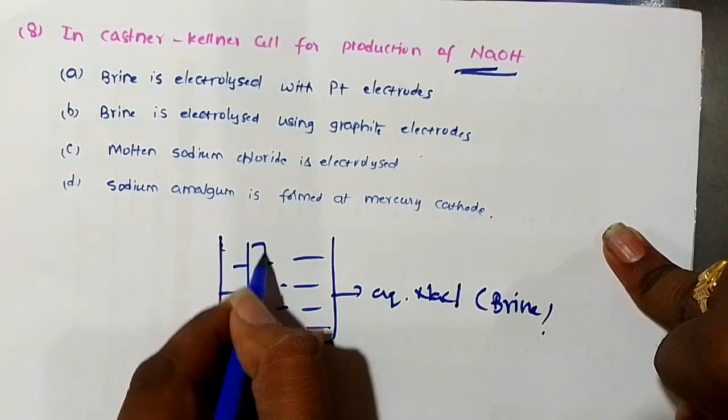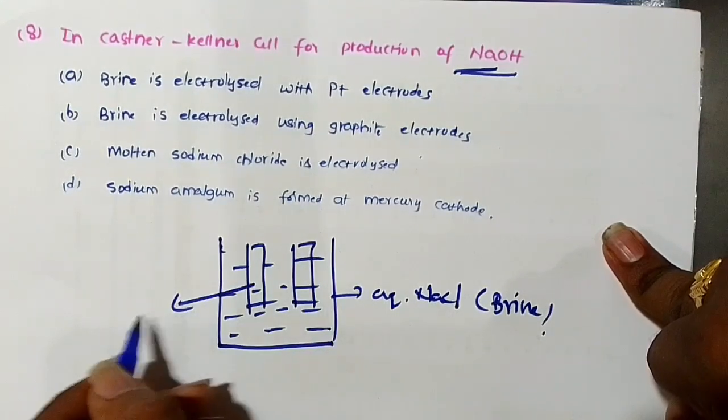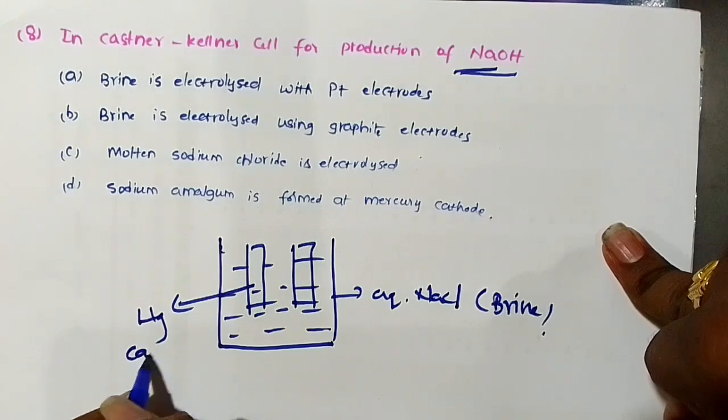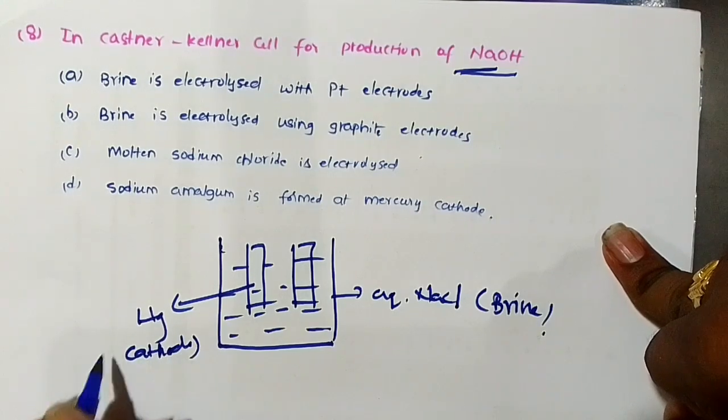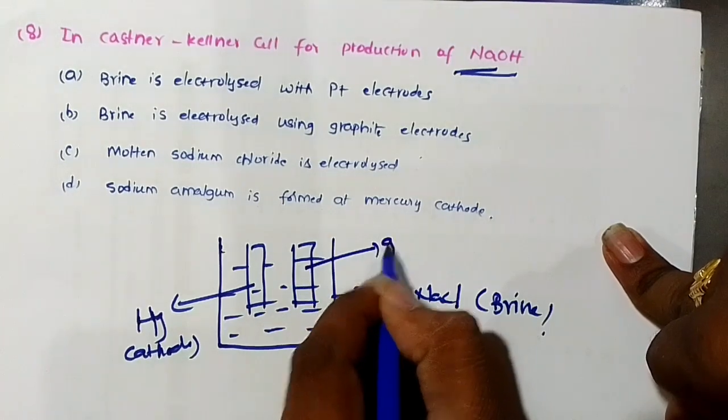Now they take two electrodes, one cathode and one anode. Mercury is used as the cathode and graphite is used as the anode.